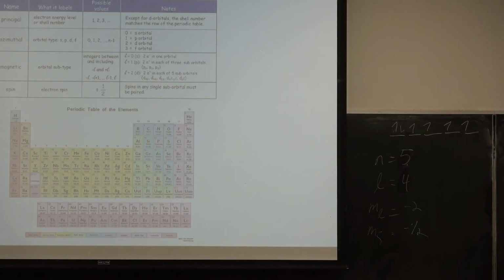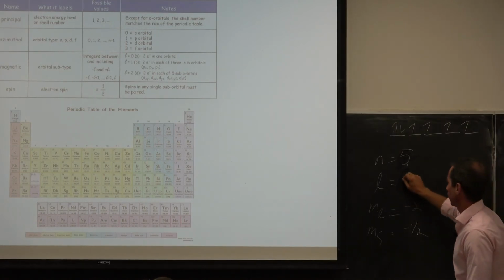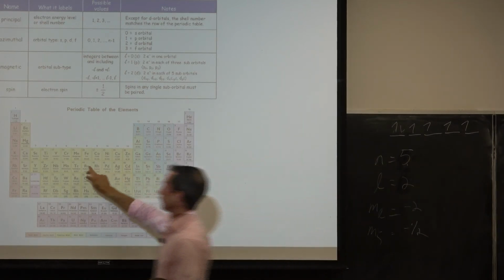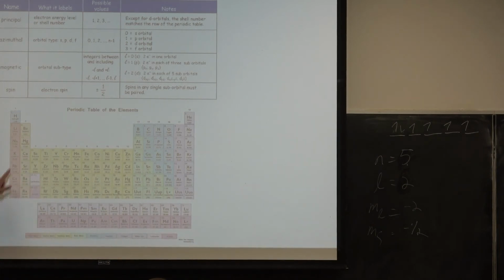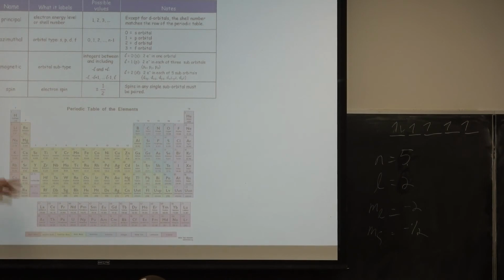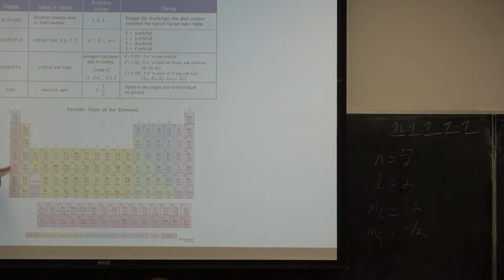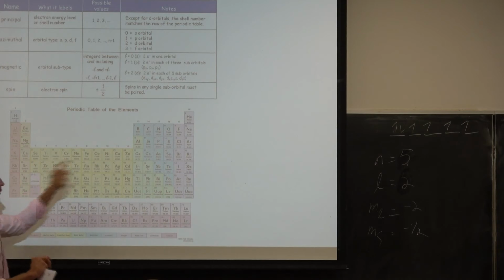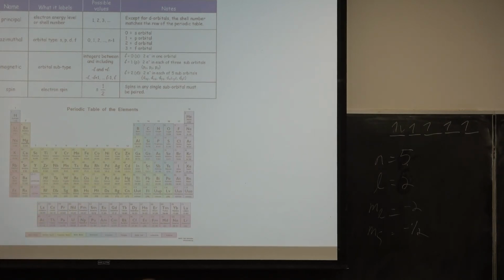It's just that you can go up, because if you were looking at the s orbital of ruthenium, then it would be different, right? If you were talking about the electron in the 5s orbital for ruthenium, it would be that. But since we're looking at the very last electron in ruthenium, that's why it's this.